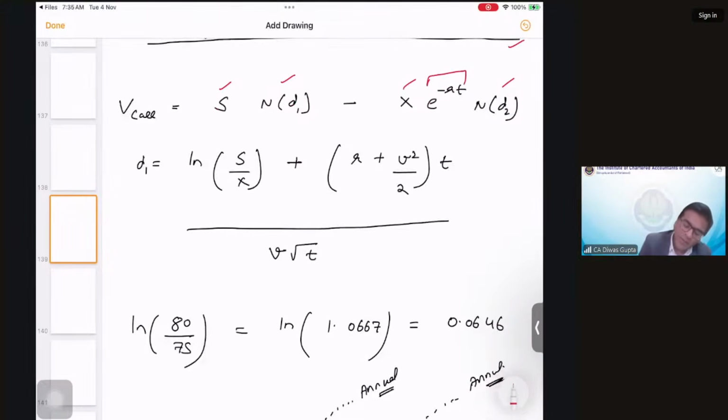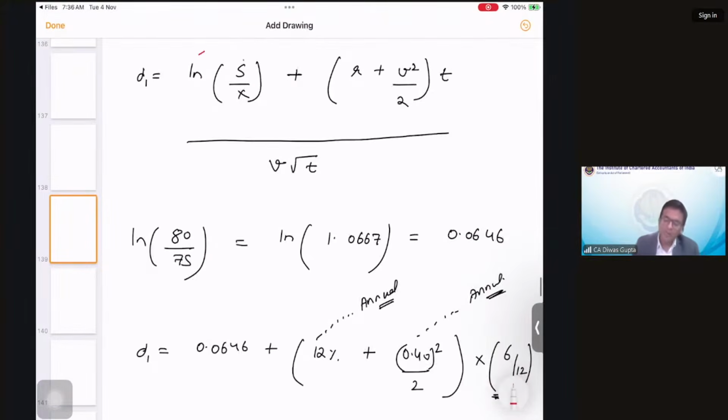Now, D1 is actually denoted by natural log of S by X plus R plus volatility square divided by 2 into T. So, this is a standard formula, students, for D1 and D2. Now if we calculate the natural log of 80 by 75, 80 was the spot price, 75 was the strike price, is equal to natural log of 1.0667.